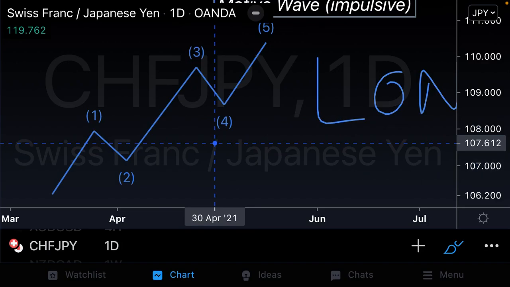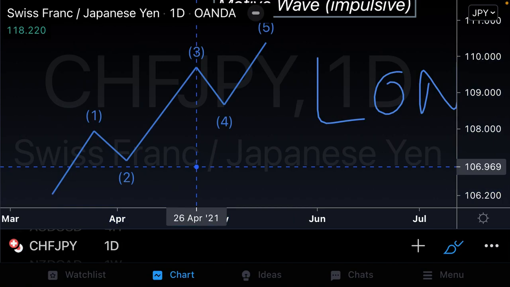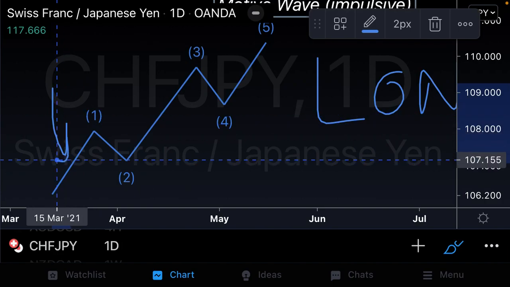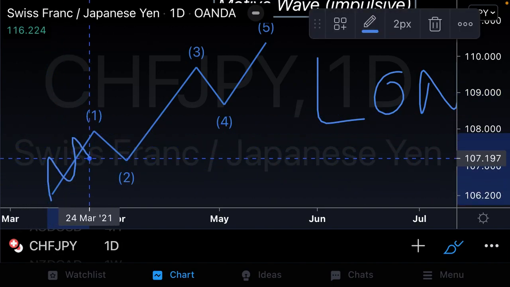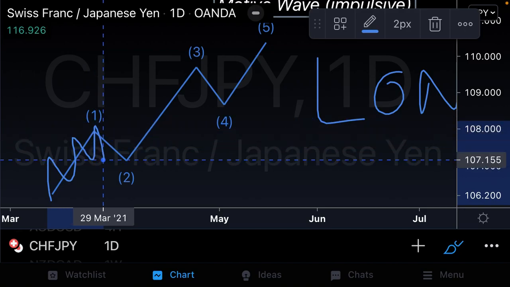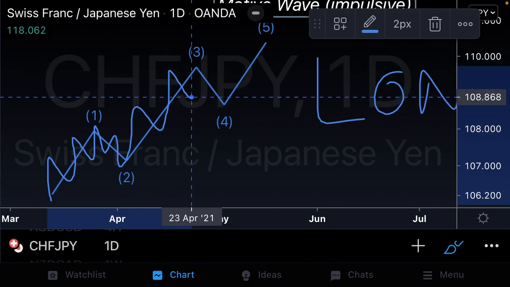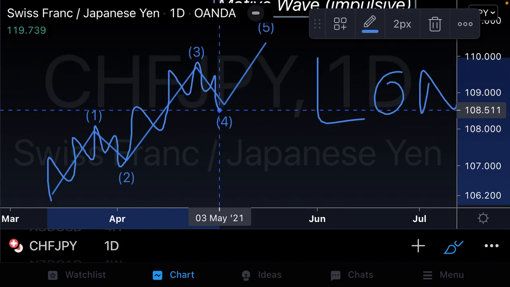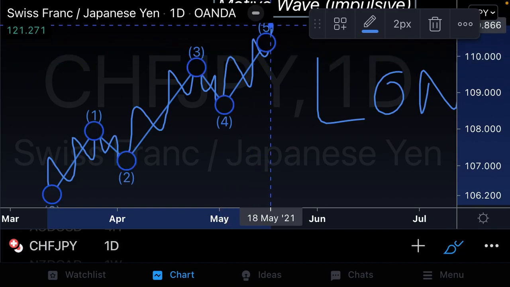There are different cycles that happen on different time scales, and as much as we are looking at this nice impulsive wave on our daily chart, what's happening is that on, for example, an hourly chart, we have one impulsive phase that has its own set of waves. This corrective phase has its own set of waves. This impulsive phase has its own set of waves. This next corrective structure has its own set of waves. And this last impulsive phase has its own set of waves.